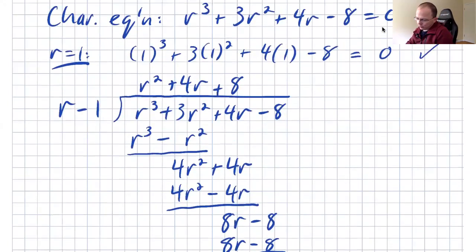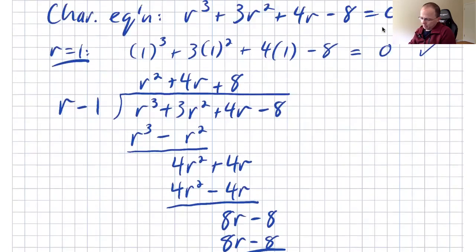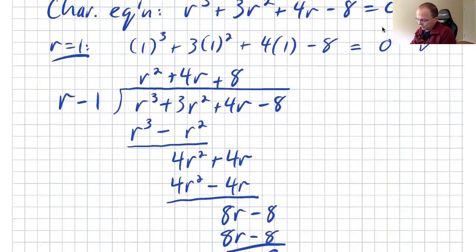So we knew r equals 1 is a root, so r minus 1 should divide evenly into this polynomial, and we end up getting r squared plus 4r plus 8.